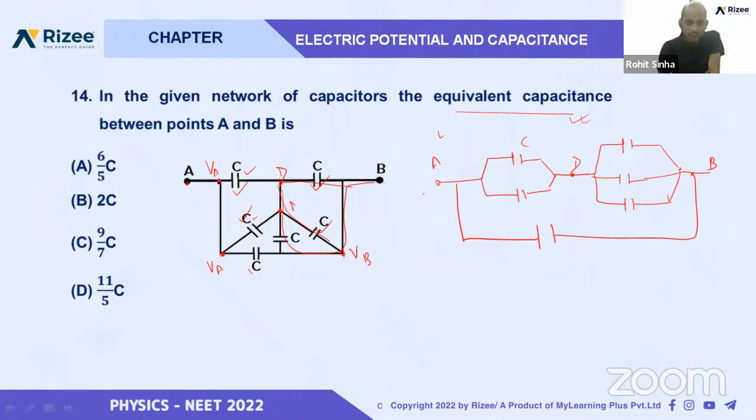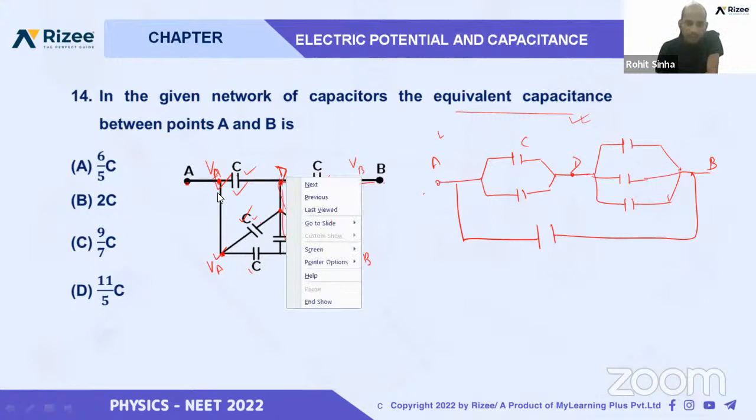Okay, now let us see. If this has potential VA, and let us assume this has potential VB, this potential will be VA. Let us assume this point is D. Between A and D, how many capacitors are there? Look at this capacitor: one terminal is connected to VA and the other terminal is connected to D. So between A and D there are two capacitors connected in parallel.